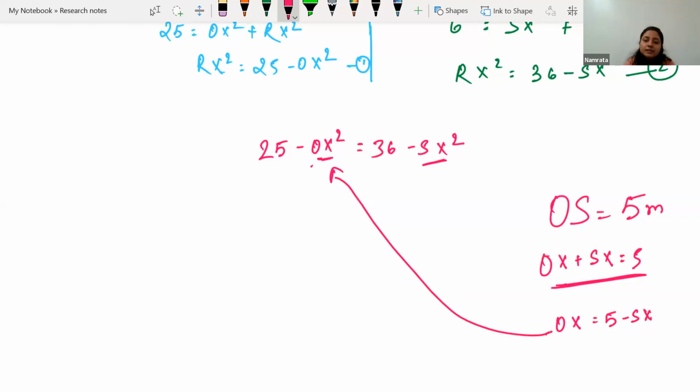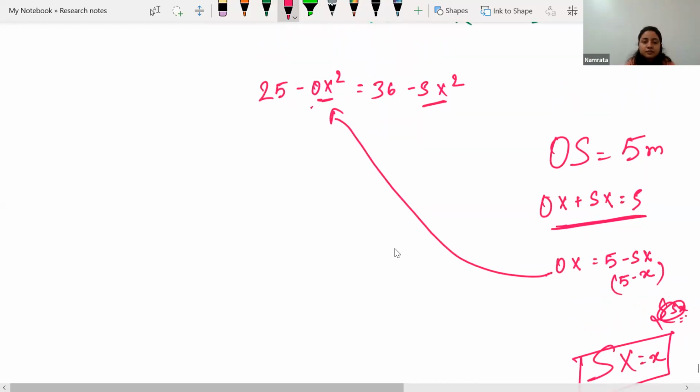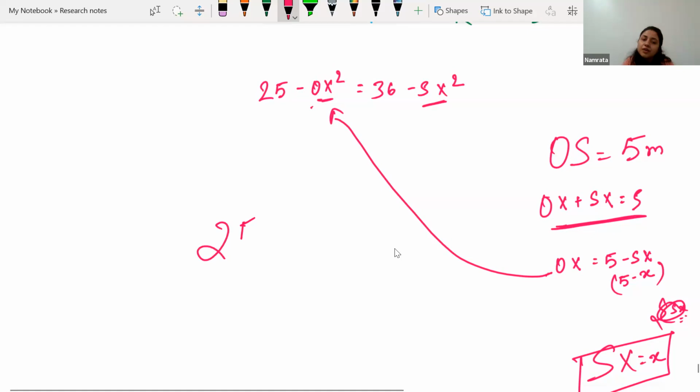I am going to use it over here in the place of OX. Let's say SX is x. Okay, let's use it. So we will have 25 minus, in place of OX I am going to write 5 minus x, whole square, is equal to 36 minus, in place of SX, x square.